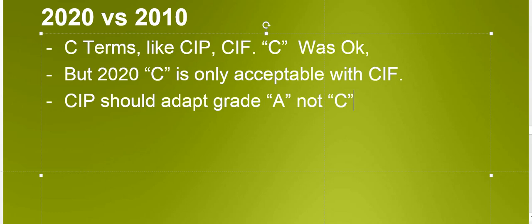But in the new Incoterms 2020, in CIF, sellers should adopt the highest level, A grade, insurance. C is not acceptable. This is also a change between Incoterms 2010 and 2020.